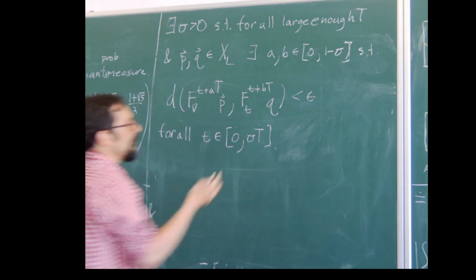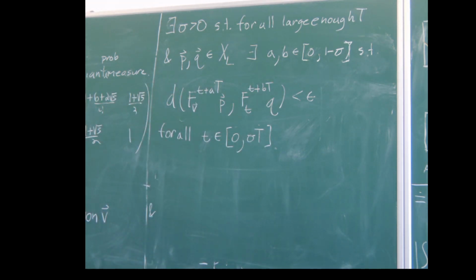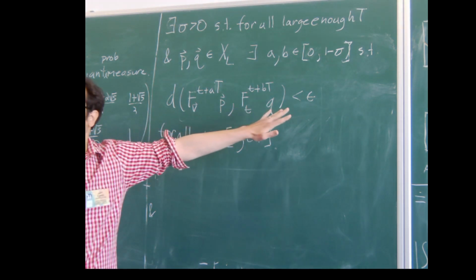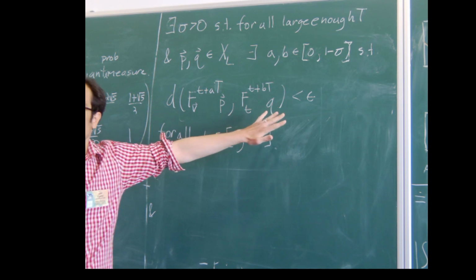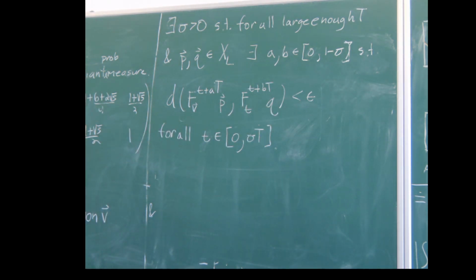So I can't match the entire orbit, I can just map to definite proportions of the orbits, and I don't know where they start and where they end. Everybody okay with this? The picture is very much the same as before. You pick your P and Q in general position with respect to each other. You move them forward, and you get some X and some Y here.